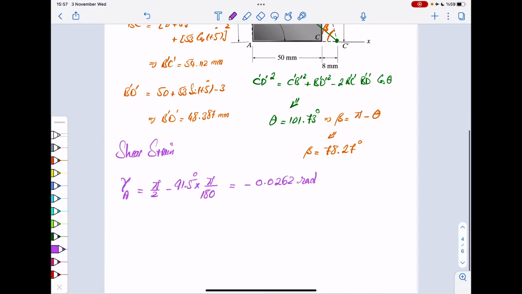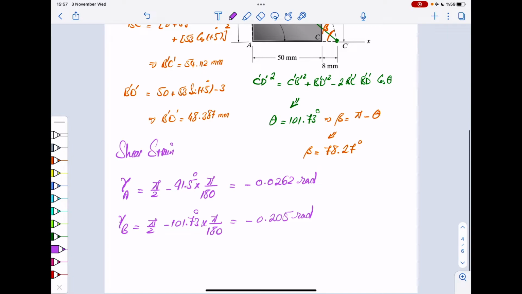That's gamma A. Gamma B, that's that angle that we just calculated as theta together. It's going to be pi over 2 minus 101.73 degree times pi over 180. That's minus 0.205 radian.